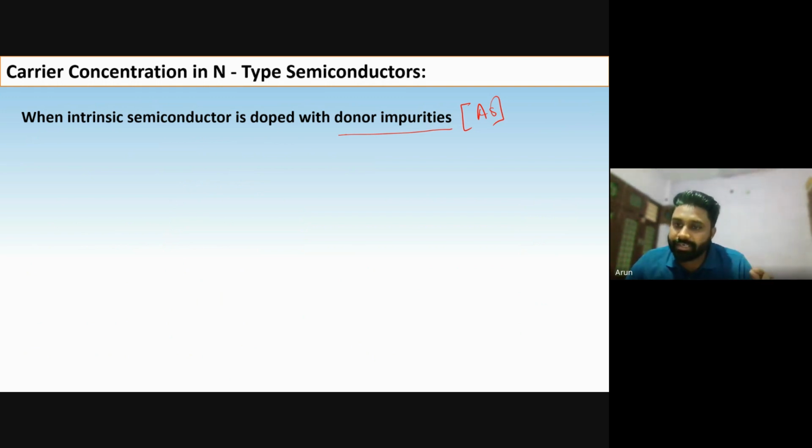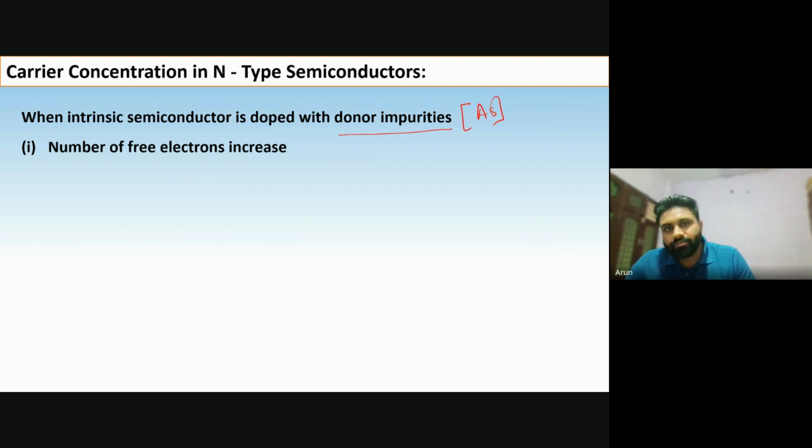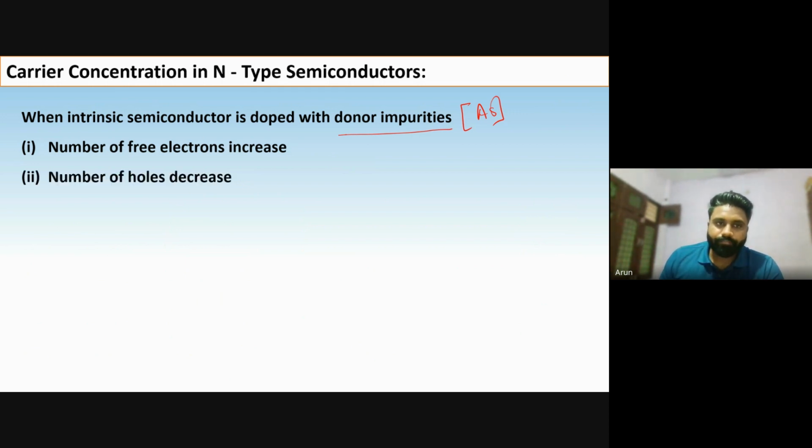Arsenic has donated electrons. Got it? So when donor donates the electron, that semiconductor formed is n-type semiconductor, negative. So the number of free electrons will increase as we have seen. Number of holes will decrease.